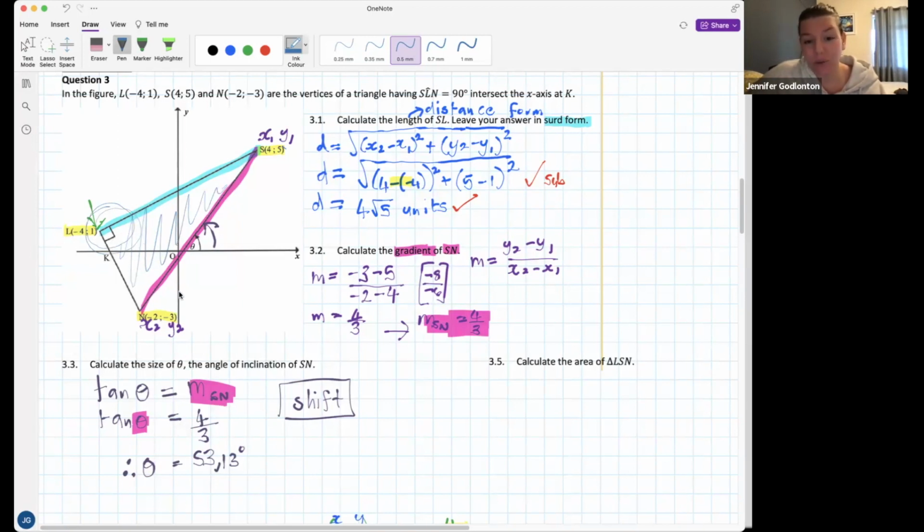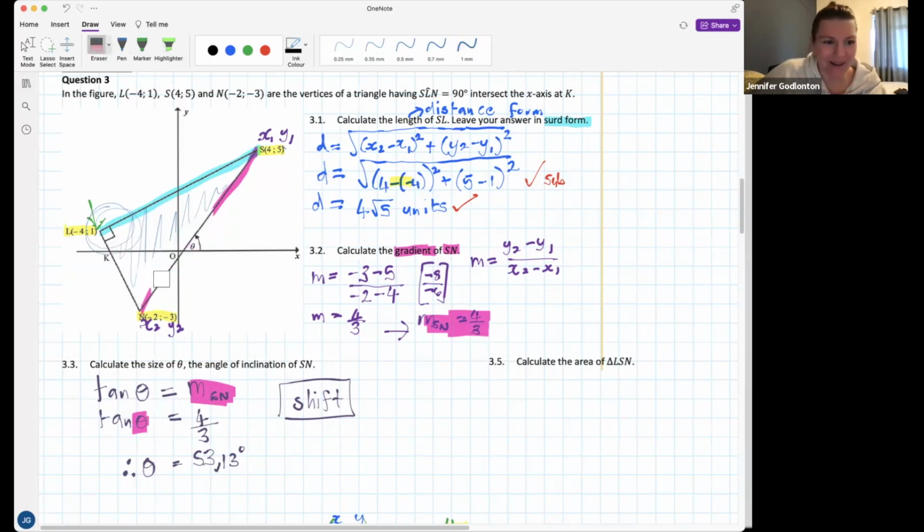What is the formula we are going to use when it comes to working out our area of a triangle? What formula do we use? Yes, nice.